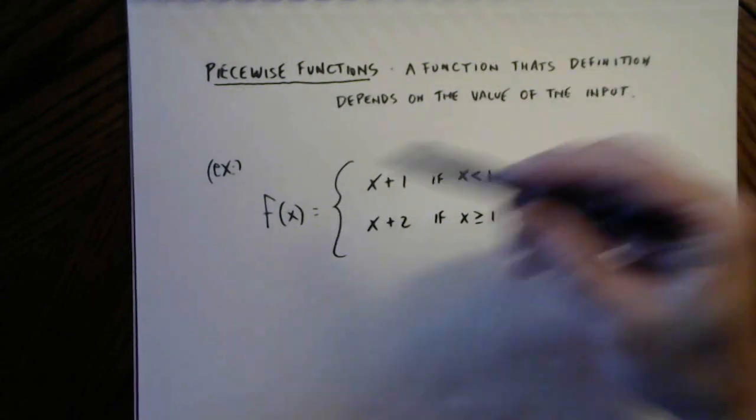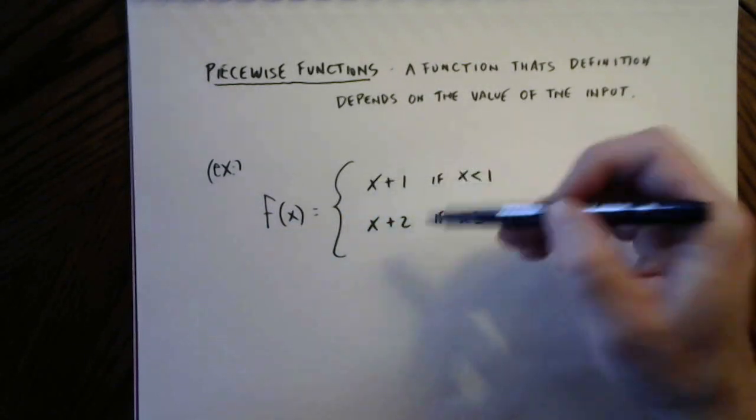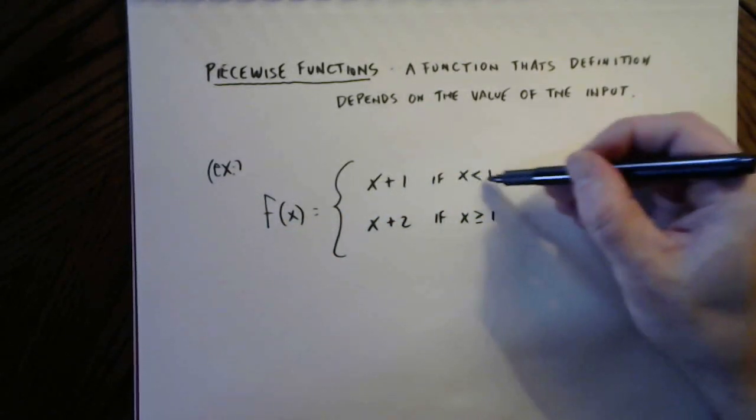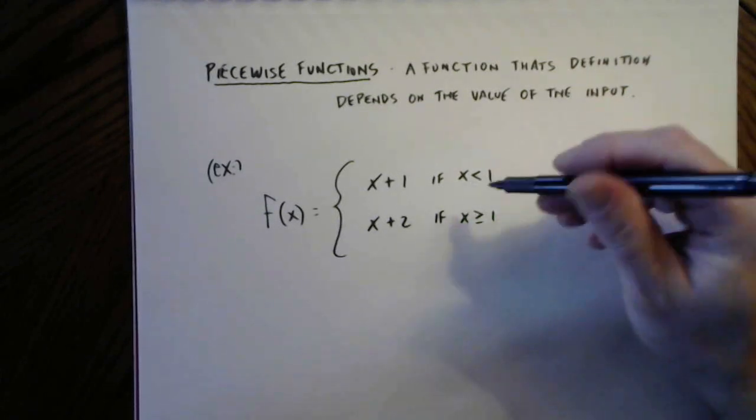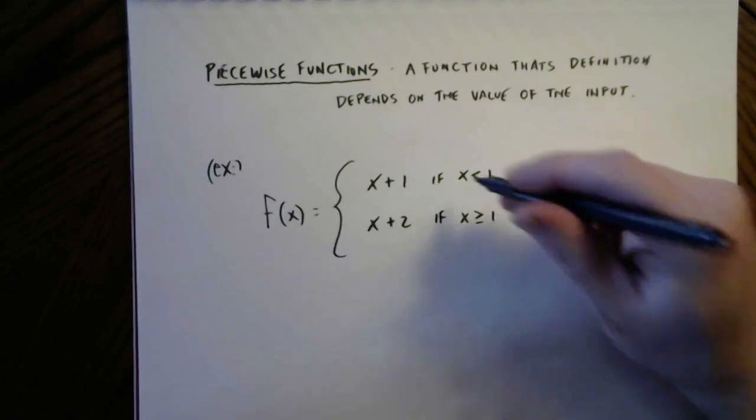So there are two different definitions of the function. Which one you use depends on which condition is met. x is either less than 1 or greater than or equal to 1. It's one or the other.